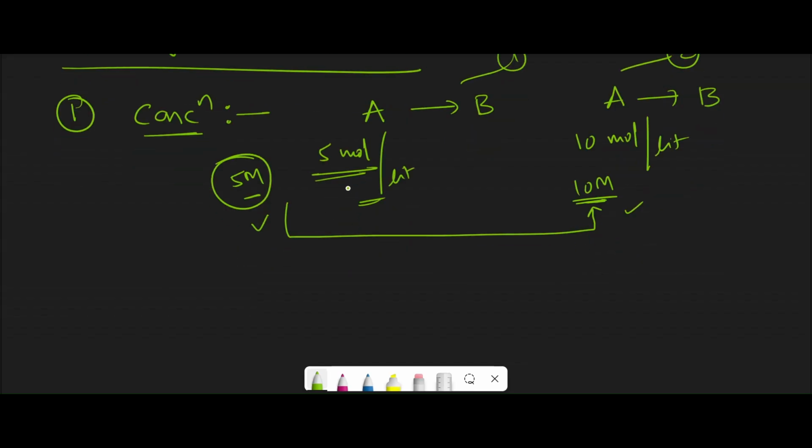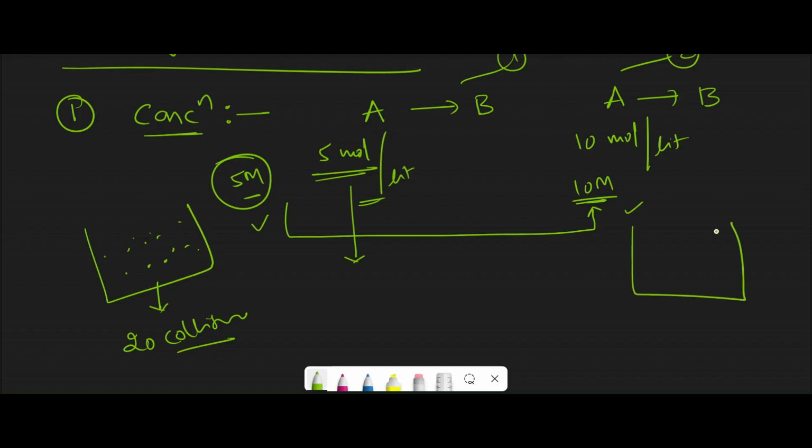Initially I have taken 5 moles per liter in a container. At that time, imagine some 20 collisions occur during the reaction process. Similarly, I have taken another container with 10 moles per liter.